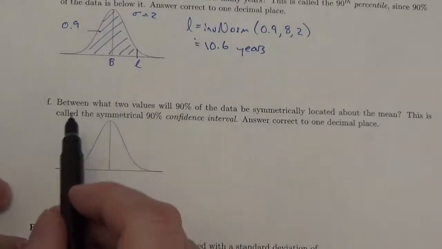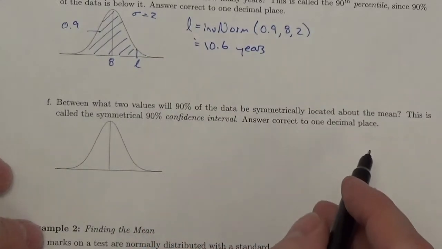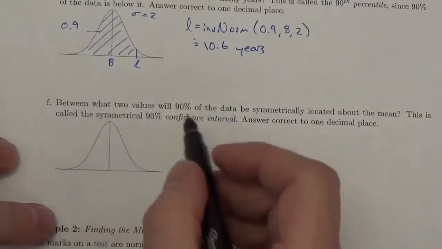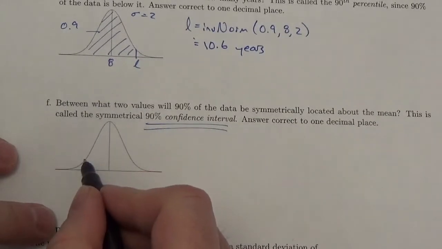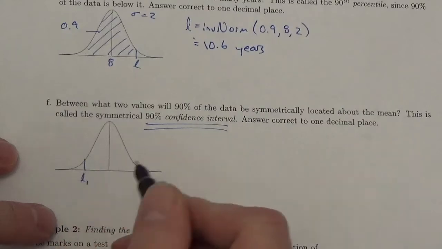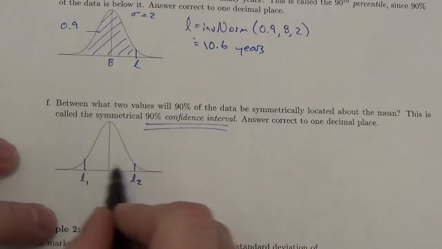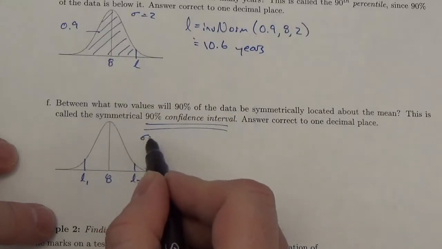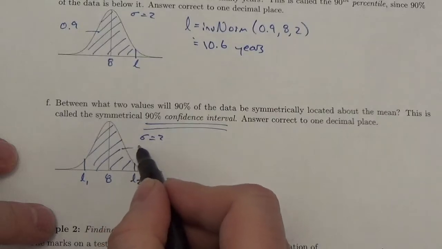And then finally, out of this little section here, between what two values will 90% of the data be symmetrically located about the mean? This is called the symmetrical 90% confidence interval. So what I'm looking for here are the two data values, L1 and L2, such that in between here and here, and remember the mean is 8 and my standard deviation is 2, this is going to be 0.9.